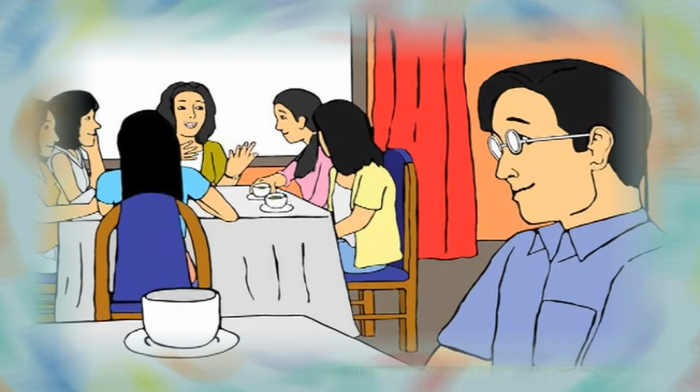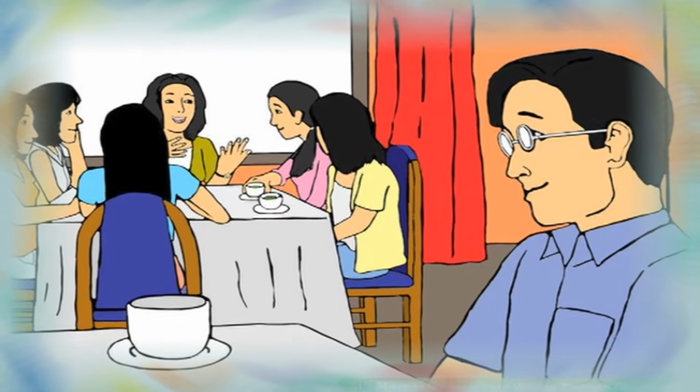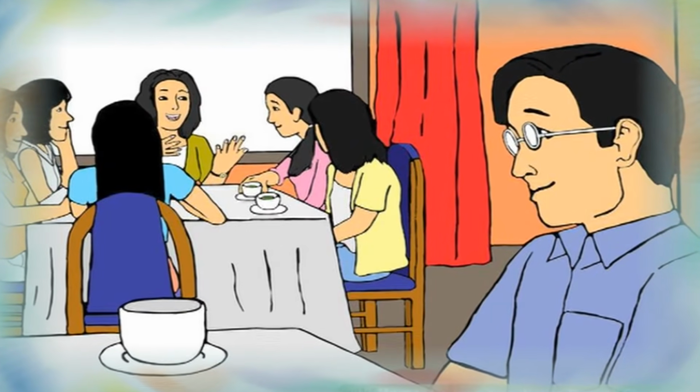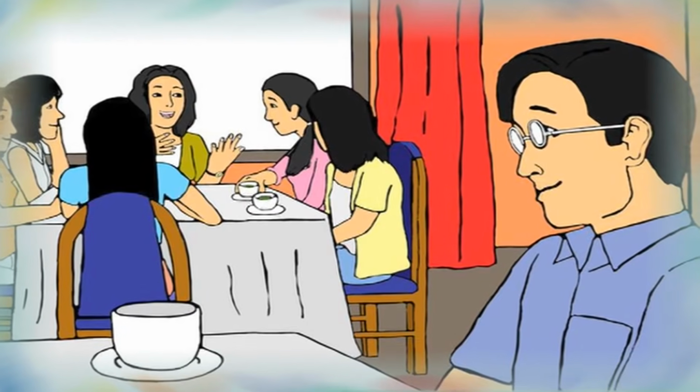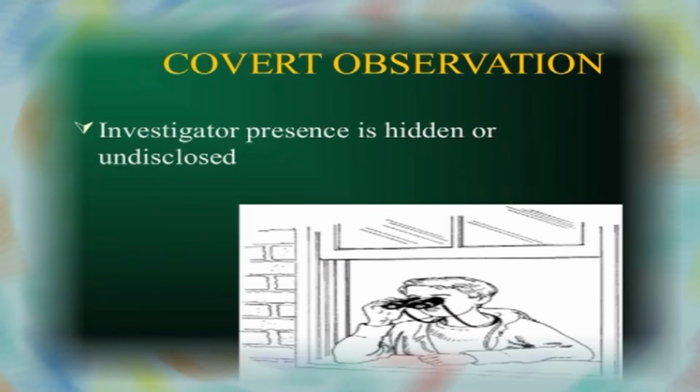The benefit of covert observation is that people are more likely to behave naturally if they do not know they are being observed. However, you will typically need to conduct overt observations because of ethical problems related to concealing your observations.